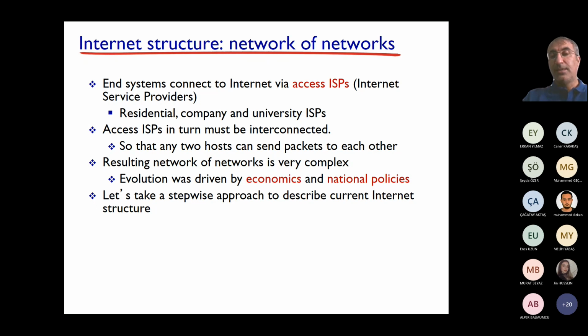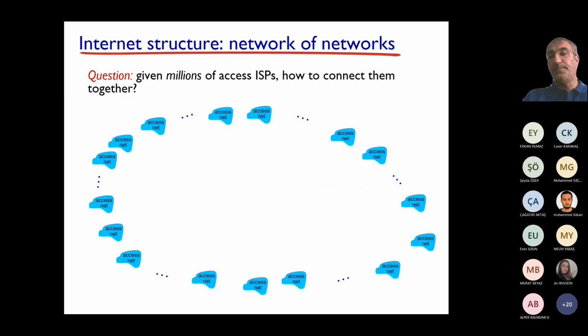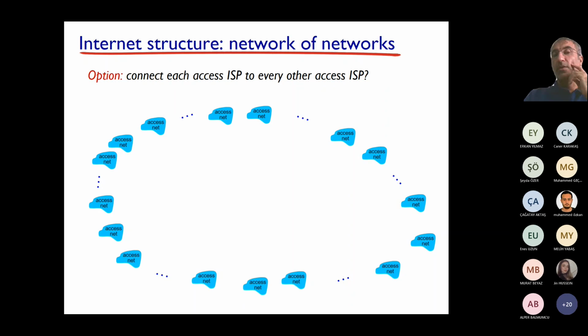So let's look at the current structure of the global internet. As you see, as I mentioned, we have millions of devices, even access ISPs. So how shall we connect these ISPs so that we can talk to each other on the global scale?